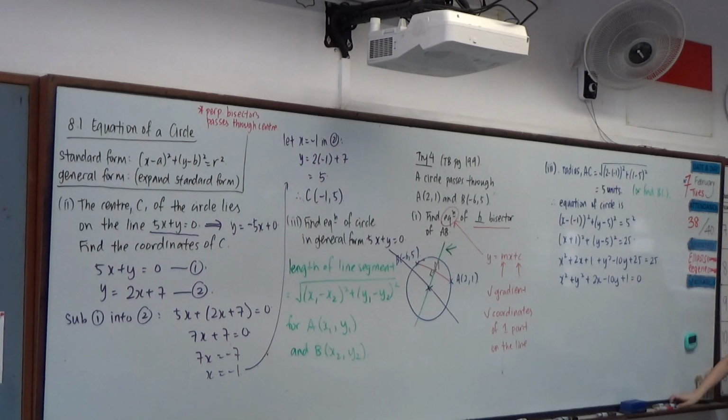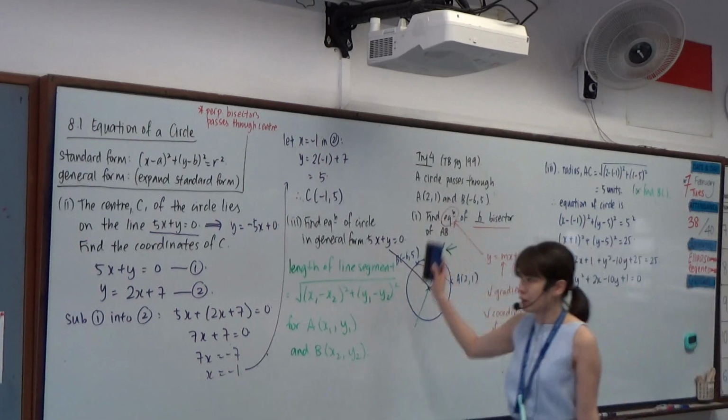Then you should get the equation of the circle upon placing it in the standard form, and then you expand it and you get this. Let you digest this. Any questions before I possibly move on? I'll erase this side of the board first.